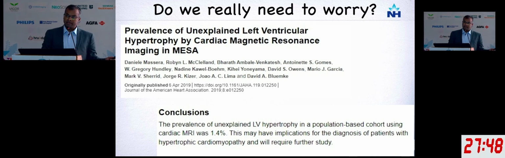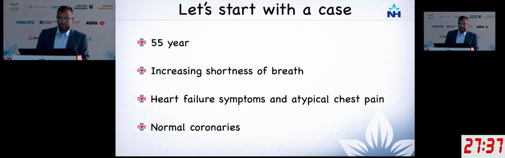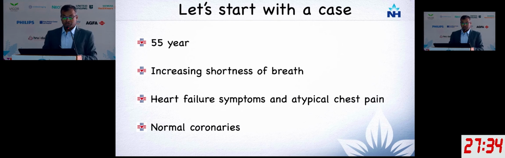They were not hypertensives, they were not athletes, they didn't have any cardiomyopathy. So there are people in the population who will have LV hypertrophy, and we wouldn't know why. Let's start with a case to show my point.